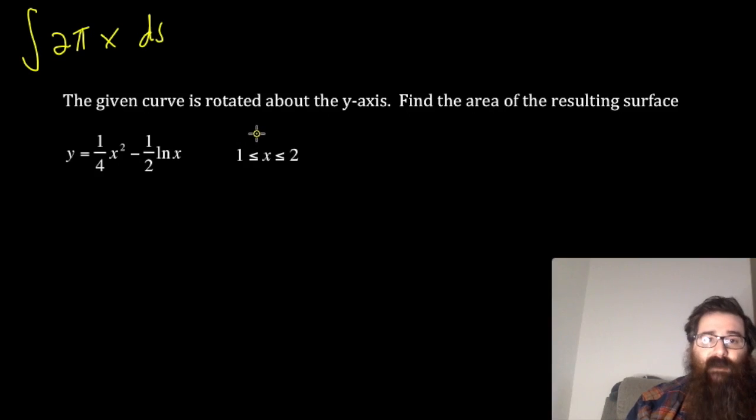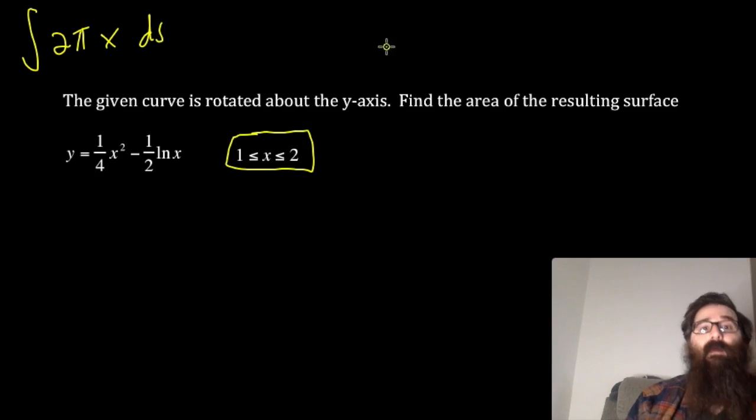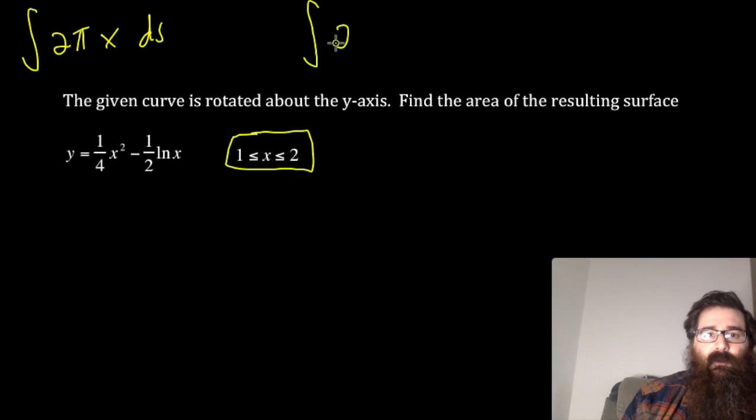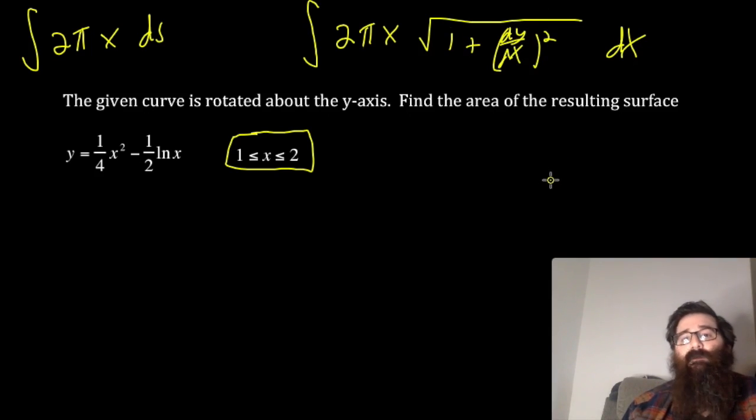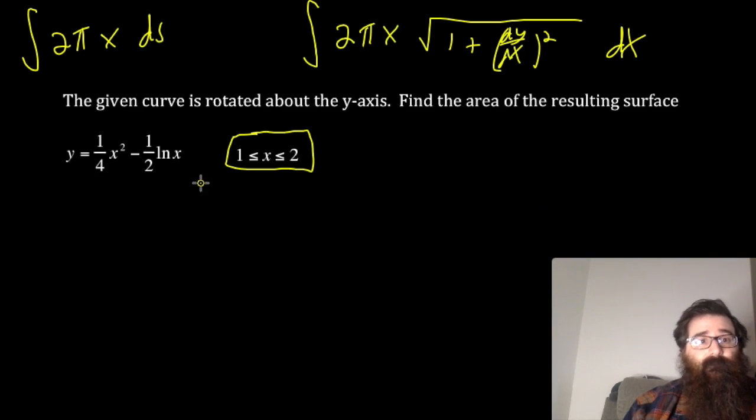Now my bounds are given as bounds on x as well, which is good, makes things a bit easier, I think. Integral of 2 pi x, and then arc length wants to be square root of 1 plus, I want dy dx squared dx. So all of this should be with respect to x in this case.